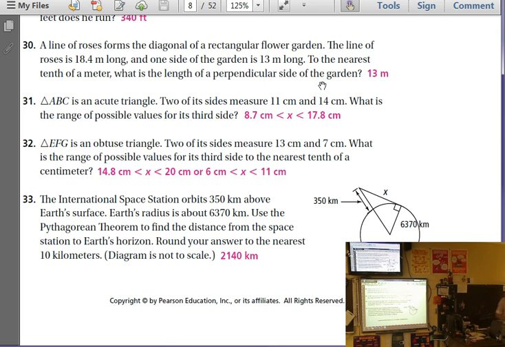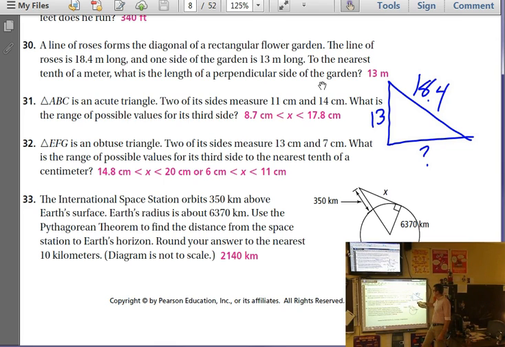So I think really just what they're doing is they gave you the hypotenuse, and you're solving for the other leg. So they're giving you 18.4 and a leg of 13, and you're solving for the other. So we're going to take our c squared and subtract away our a squared. That gives me 169.56.